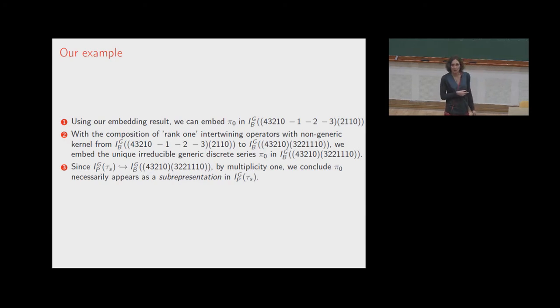Do you understand how to do that from the properties of intertwining operators I explained or not? How can I go from this sequence to this one by transposition and sign change, which have non-generic kernels?